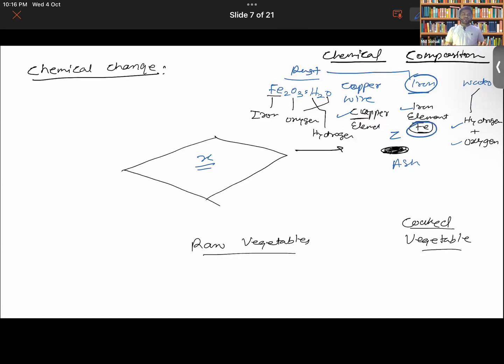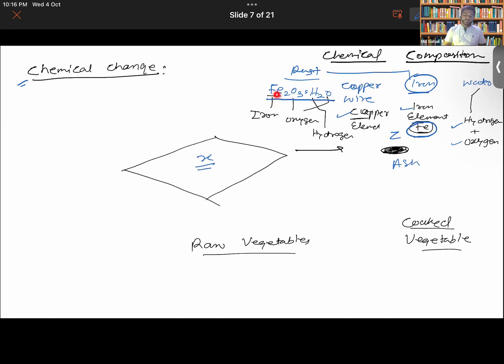A piece of iron that is not rusted consists of iron only. But after some time, if you leave it in the open, exposed to moisture and air, it will start to corrode. इसके ऊपर rust की layer form होगी, and that rust is basically this Fe2O3.xH2O. In later classes, you will get to know. Only क्योंकि हम chemical change की बात कर रहे हैं, that's why I'm telling you here.